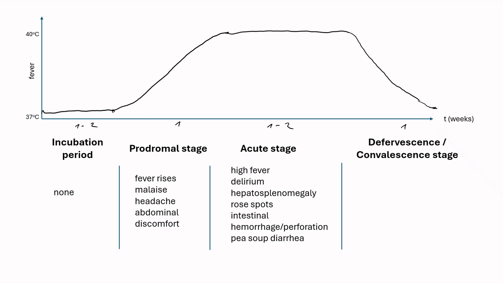Both in Salmonella enteritis and with typhoid fever there can be diarrhea, but with enteritis this is much earlier. In typhoid fever it's rather late, and the diarrhea itself is also different between those diseases. Enteritis doesn't always have to be bloody, but is typically watery to slimy to bloody diarrhea. Typhoid fever is described in terms of consistency and color as pea soup diarrhea.